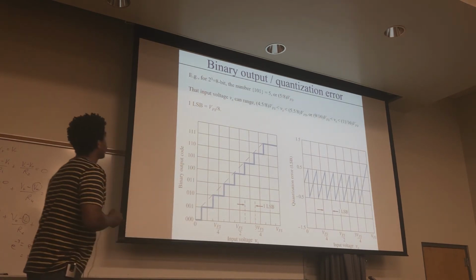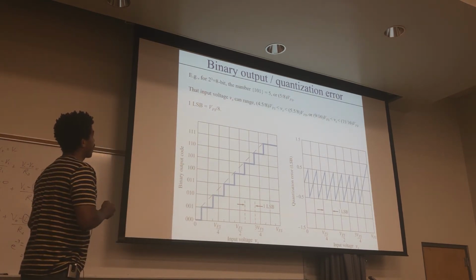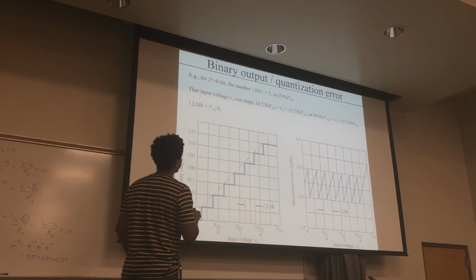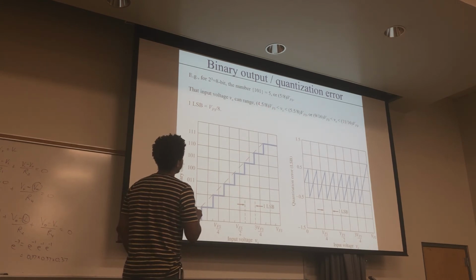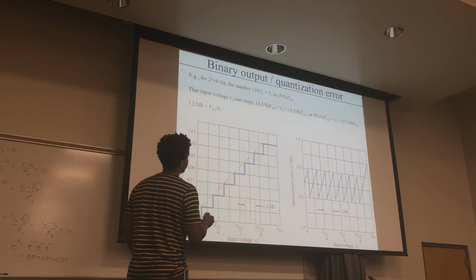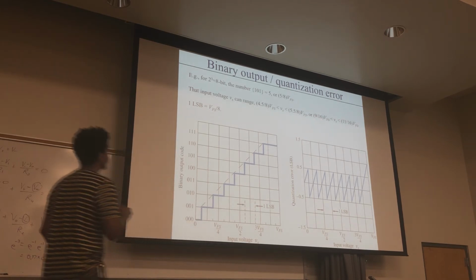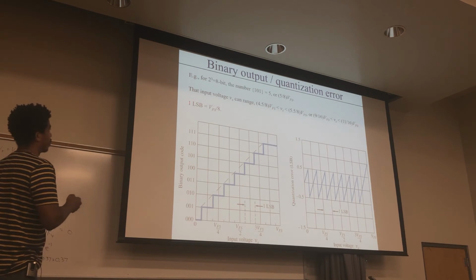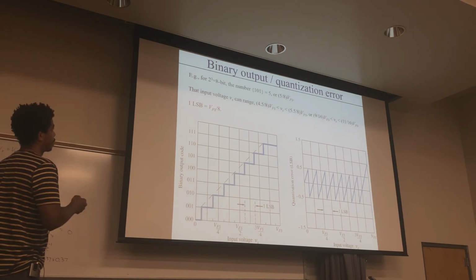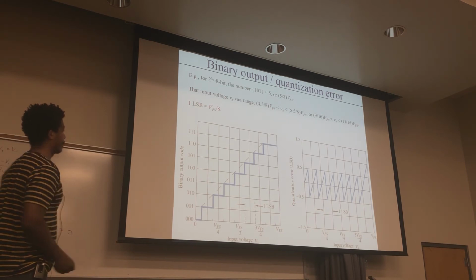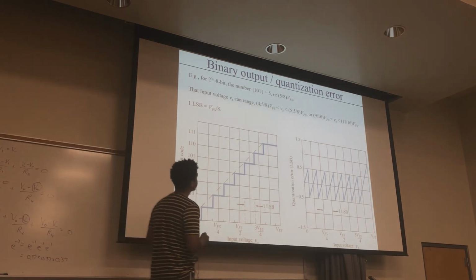And so this input Vx could range from 4.5 over 8 times this to 5.5 over 8 times that. Or you could put these in terms of fractions, that's between 9/16 and 11/16. Okay, and here's your least significant bit right here. It is full scale over 8.